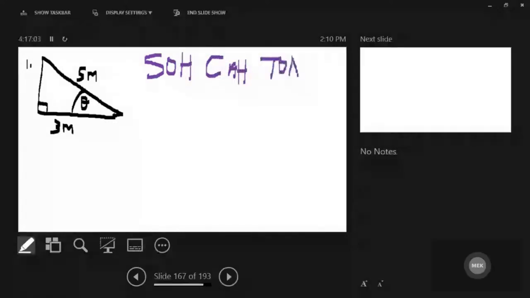And each letter here stands for: sine is opposite over hypotenuse. Cosine is adjacent over hypotenuse. Tangent is opposite over adjacent.